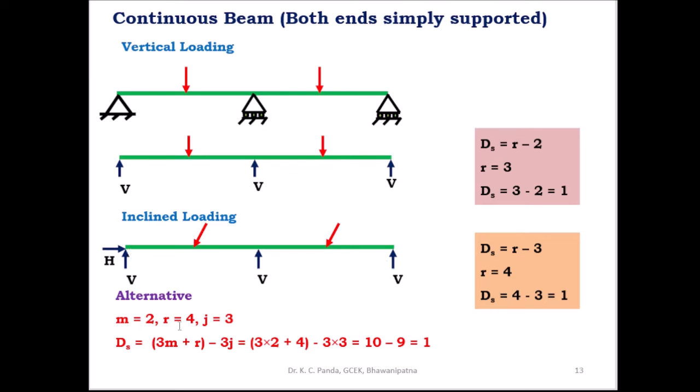M is equal to 2, r is equal to 4 and j is equal to 3. By using these values in this expression, you can find the degree of static indeterminacy. 3 into 2 plus 4 minus 3 into 3 is equal to 10 minus 9 is equal to 1. So the degree of static indeterminacy of the continuous beam when both ends are simply supported is equal to 1. So this is a statically indeterminate structure.